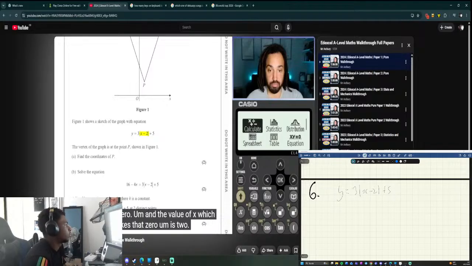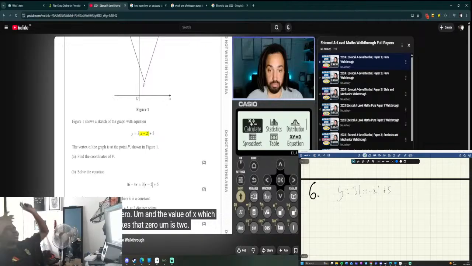That's the smallest possible x value. What? Yeah, the smallest possible x value is when it's 0. Is when x equals 0. So we've made x, no, we've made x equal 2.